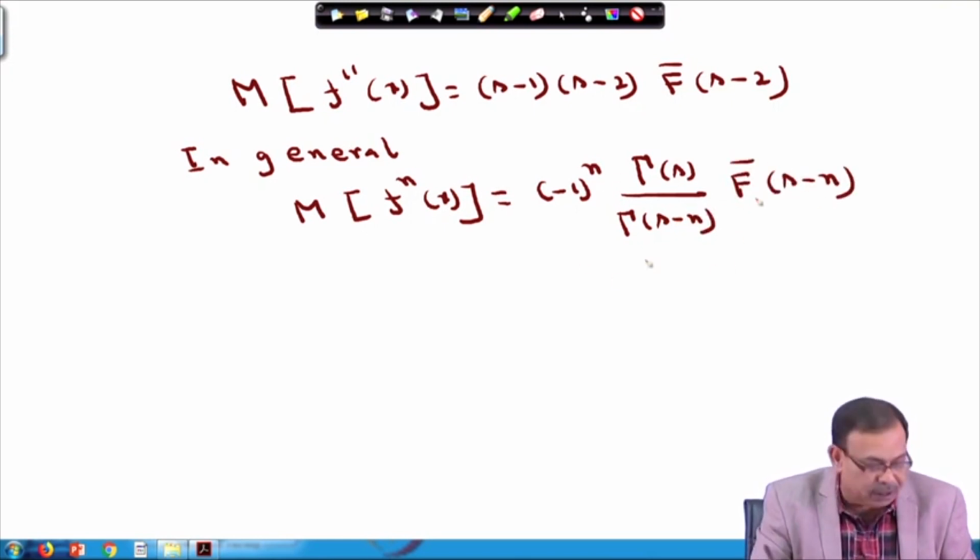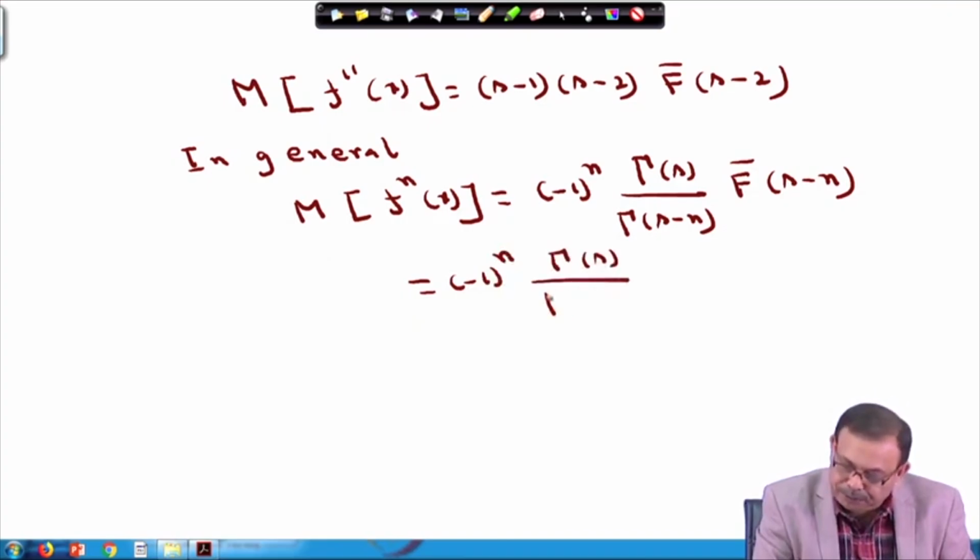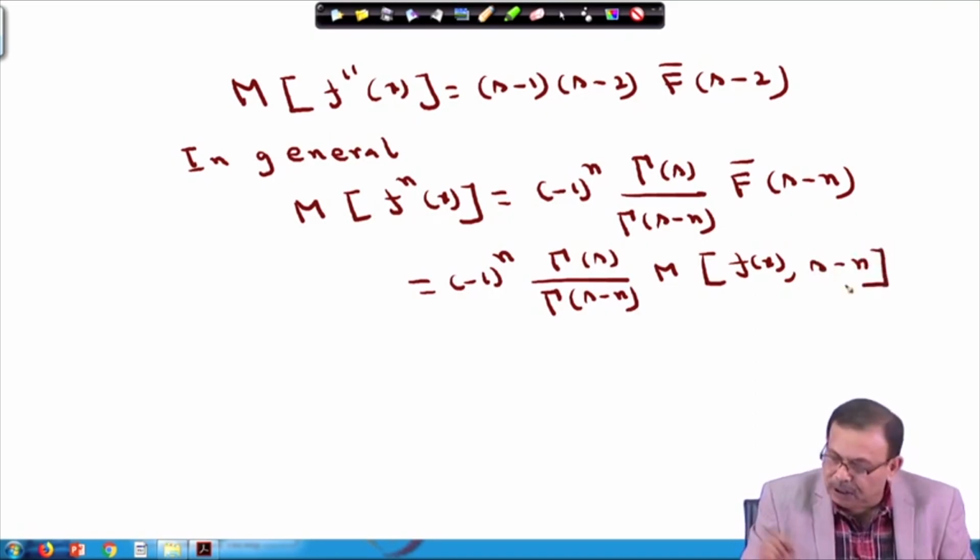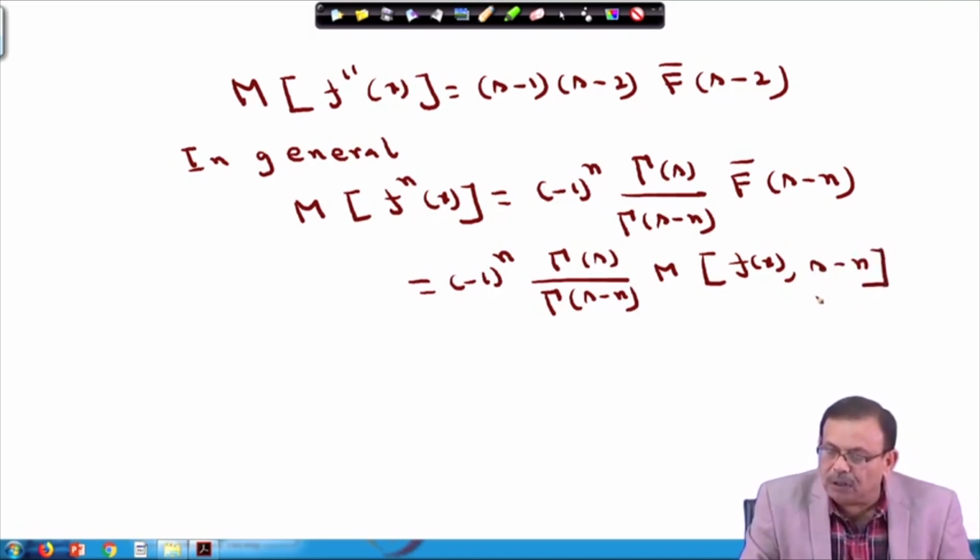I am writing this directly, I have not given the proof. Or again you can write minus 1 to the power n gamma s by gamma (s minus n) into the Mellin transform of f x, where the variable is s minus n, not s.